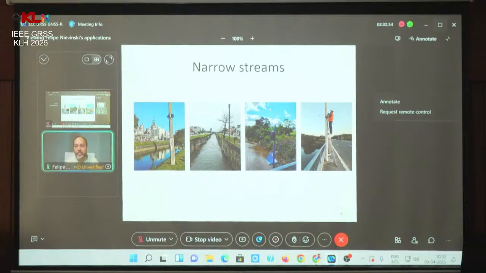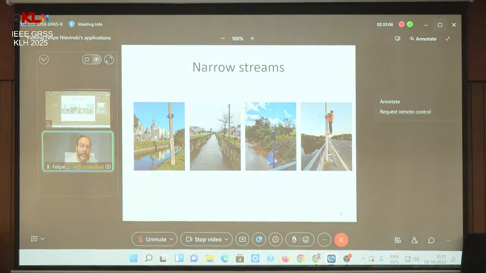A bridge is a nice environment because with the navigation antennas, we get reflections from satellites that are very close to your foot. So if you can get on a bridge, then you get useful reflections even from a 60-degree elevation angle.